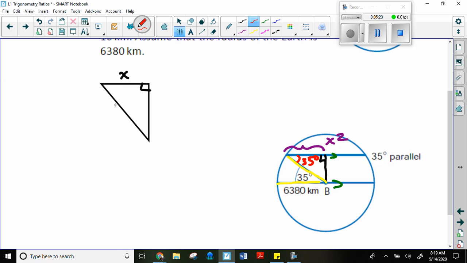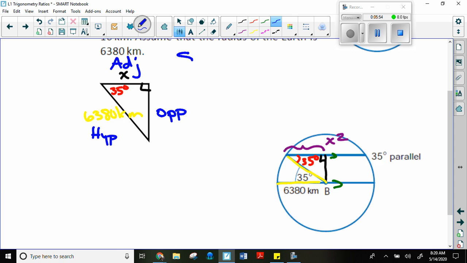We know that this is 35 degrees, and the hypotenuse is 6,380 kilometers. Okay, so based on this, label your sides. We know this is height. I have a frog in my throat. I am so sorry. Based on the angle, if we go across from it, this would be the opposite side. So this is our adjacent side.